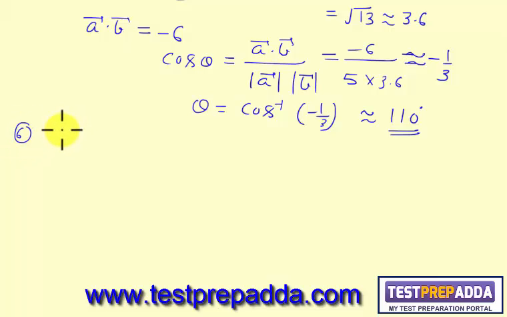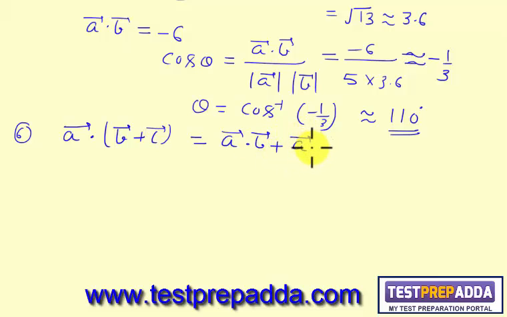Dot product also follows the distributive law. If I write vector A dot B plus C, it can be written as A dot B plus A dot C. And this can be proved by taking any three vectors.